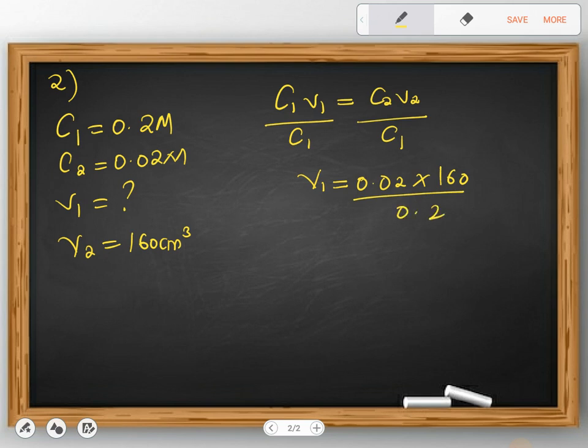Punch on the calculator: 0.02 times 160, then divide by 0.2. I'm getting 16. So the initial volume was 16 cubic centimeters.